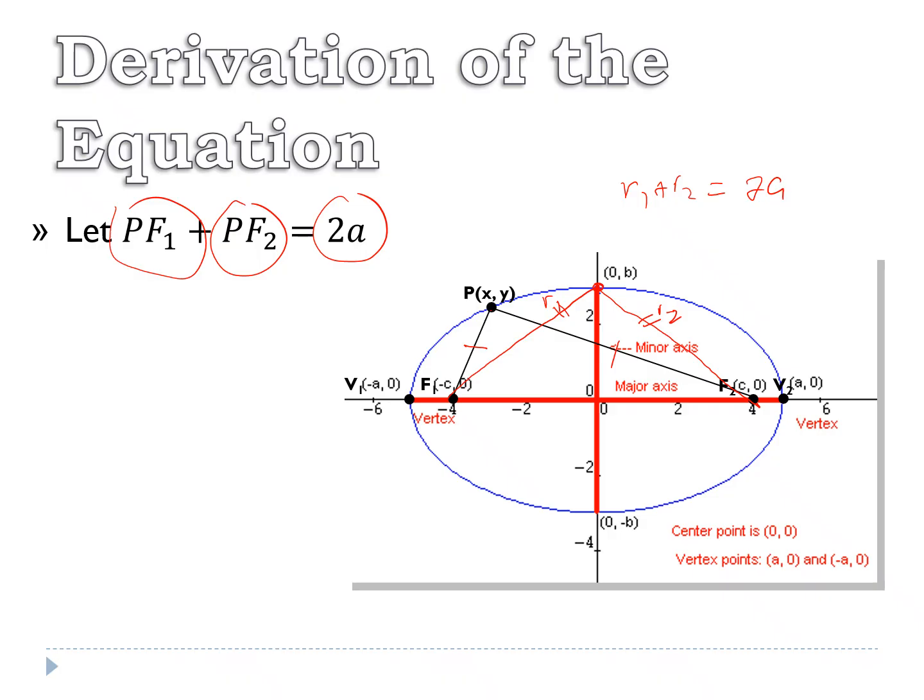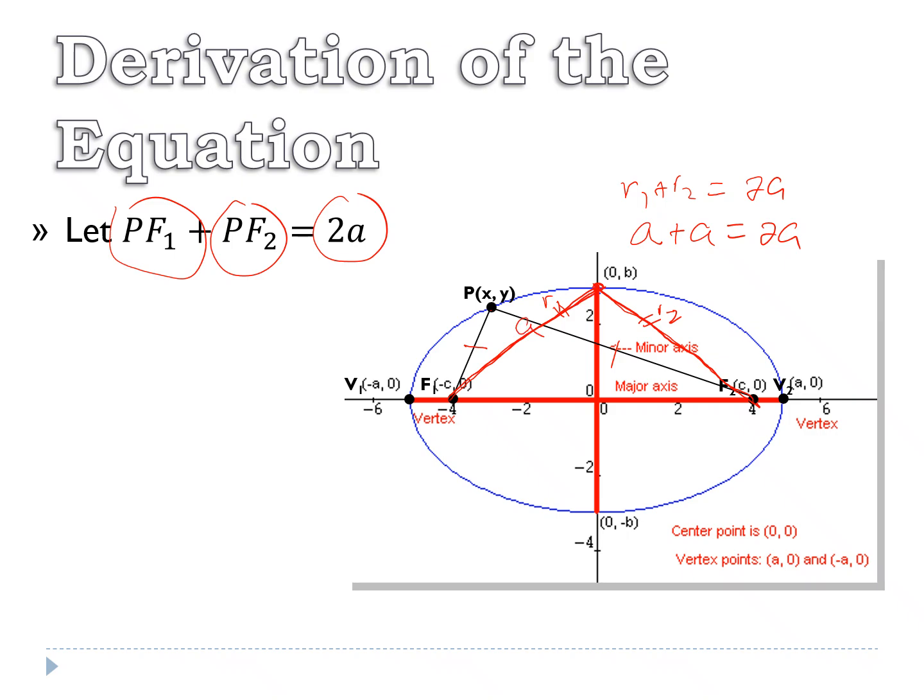So if you look at this one, this distance is just equivalent to this distance. Therefore, if this is 2a, the sum of these distances and they're equal, it means that this is also a and this is a, so equal to 2a. So it means that this one is just equal to a.